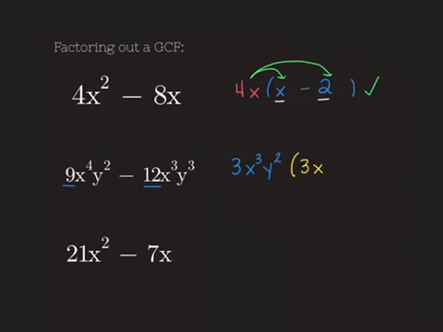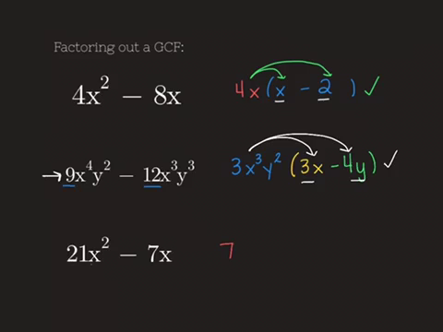Then I'm going to move on. Negative 12 divided by 3 is negative 4. I'm taking out all the x's, and I'm taking out 2 of the 3 y's, which means there's only 1 left. So if I look, 3x and negative 4y have nothing in common, and if I go back and distribute, would I get the original problem that I started with? And I would, so I know my answer is correct. For the last one, I can divide both 21 and 7 by 7.